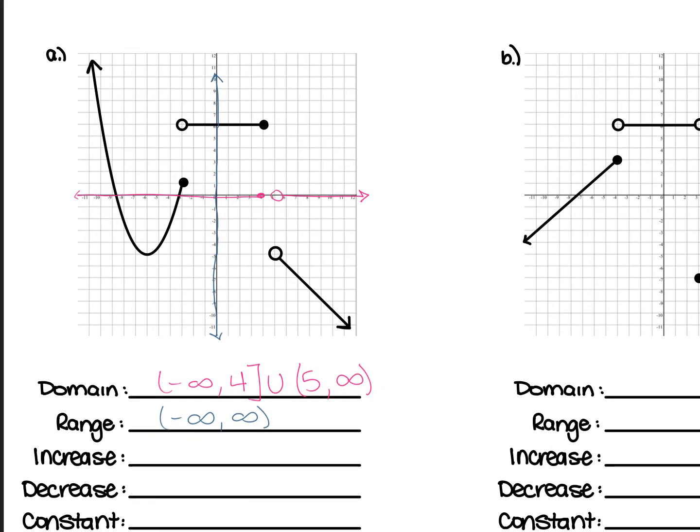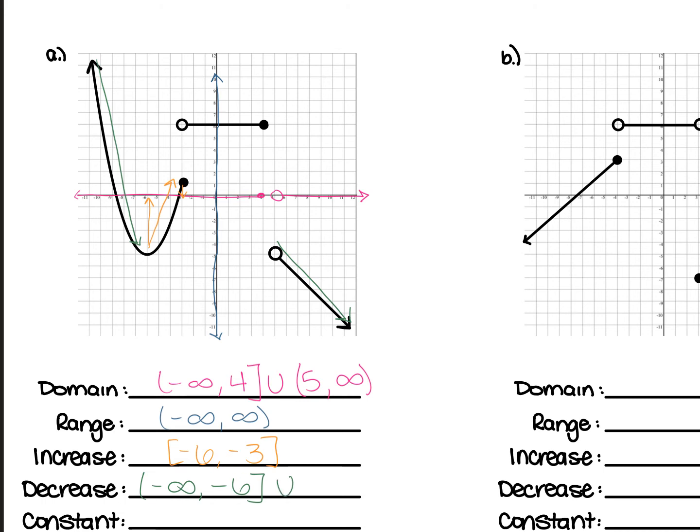Your increase is where it goes up from left to right, and the x values that it covers. So from left to right, it goes up from -6 to -3. And then both of those are going to get brackets on it. Then your decreases happen from the x values of -infinity up to -6, with a union from 5 to infinity.